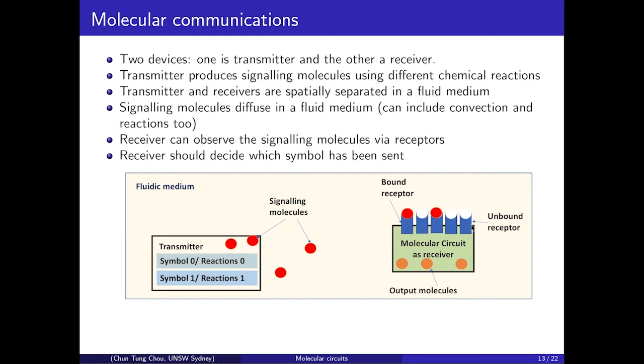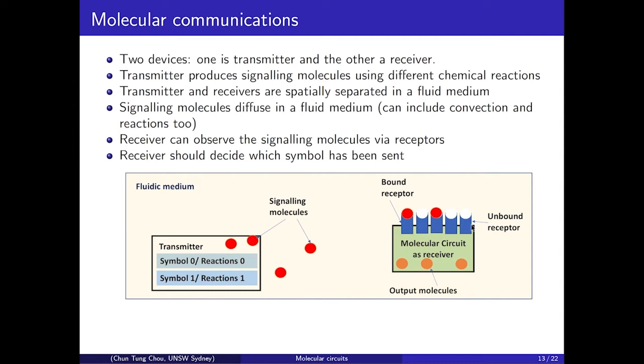In biology, a lot of times when these receptors are bound, they produce certain effects within the cells. So we can use these bound receptors as information as to what the outside looks like. That's the idea of molecular communications.